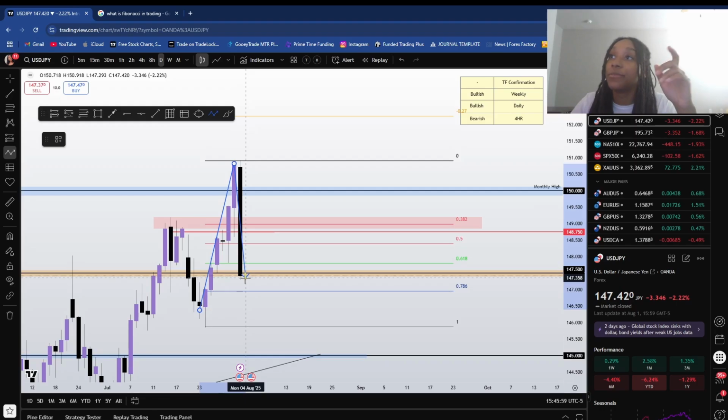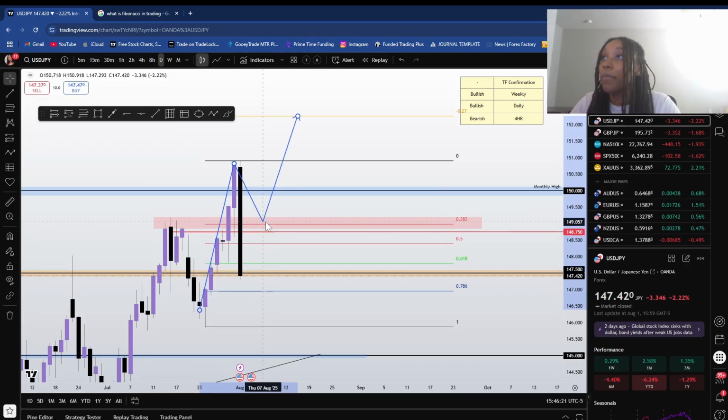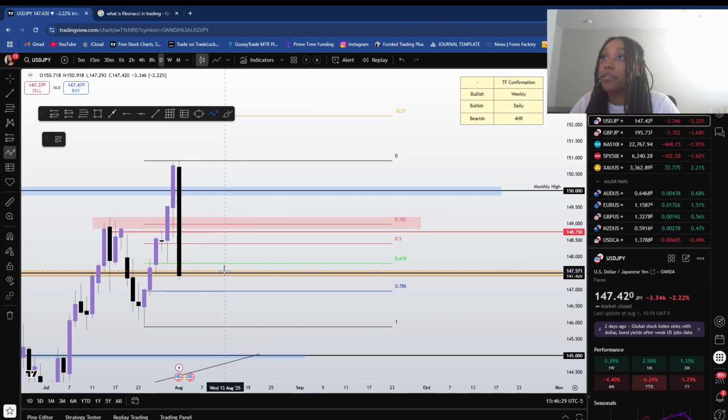But essentially, you want to wait for a reaction to come up. The safest place to buy would be when price is back up here. The safest place to get in is when price comes back above this level. You can try to get in down here if you see reactions early, but that's risky. The safest play is to wait for price to come back up above this level. So currently price is down here.